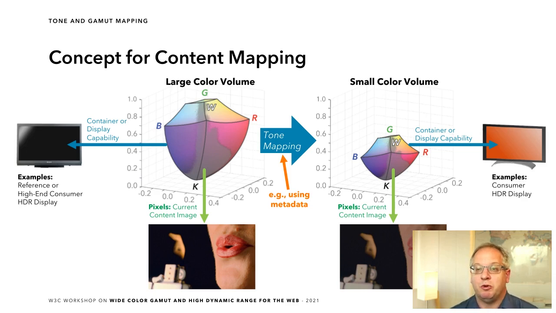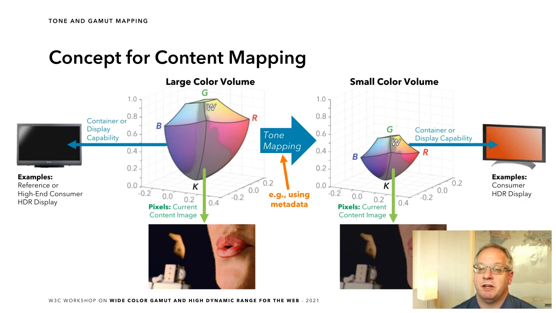It is also important to differentiate between the container or device color volume that represents what an encoding format or display device overall can facilitate, and the actual colors that a particular piece of content requires. The latter is illustrated by the gray point cloud inside the color volume, which represents the image with a lighter flame at the lower part of the slide.